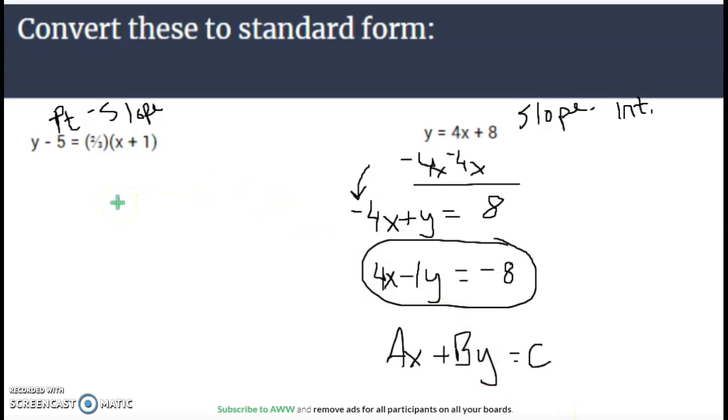Now the one over here, that's going to take a little bit more work. This is point slope form. There's going to be a little more involved. What you need to do is distribute that 2/3 to each thing. So we have 2/3 x plus 2/3.